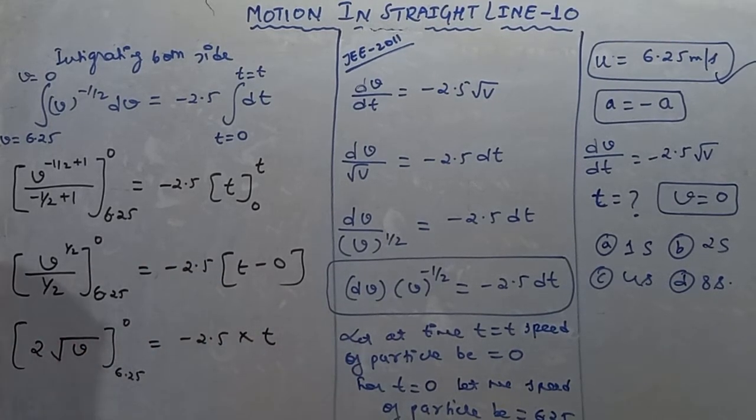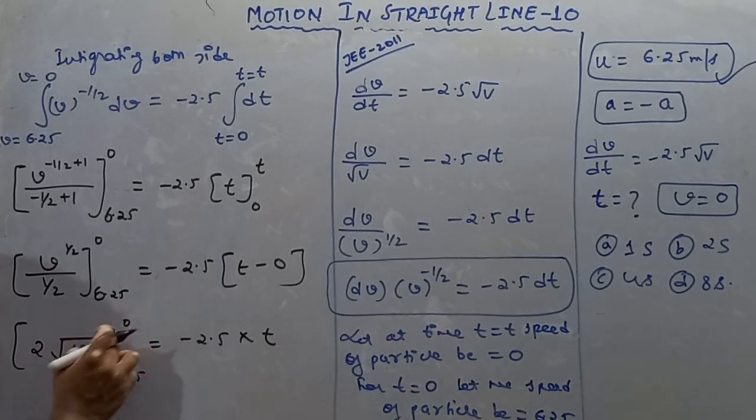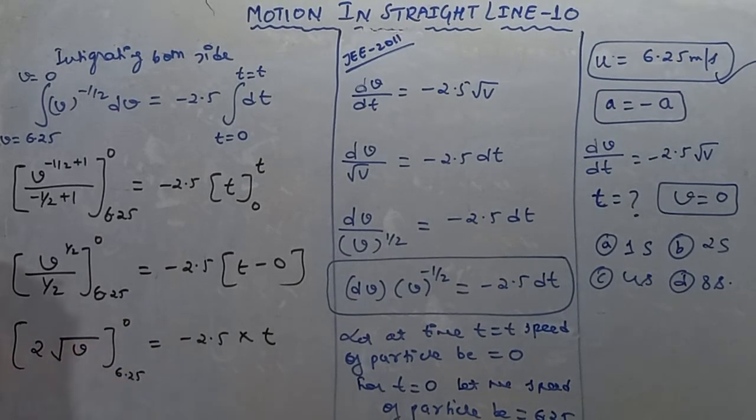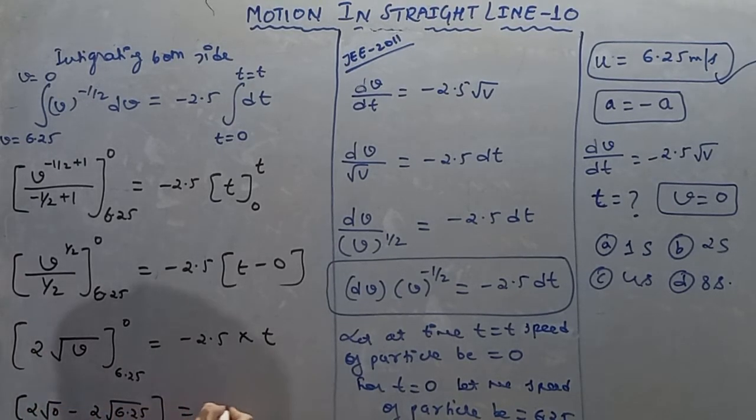Now we'll put upper limit minus lower limit. Instead of v we'll put 0, and instead of v we'll put 6.25. So this becomes 0 minus 2 root 6.25, equal to minus 2.5 into t.